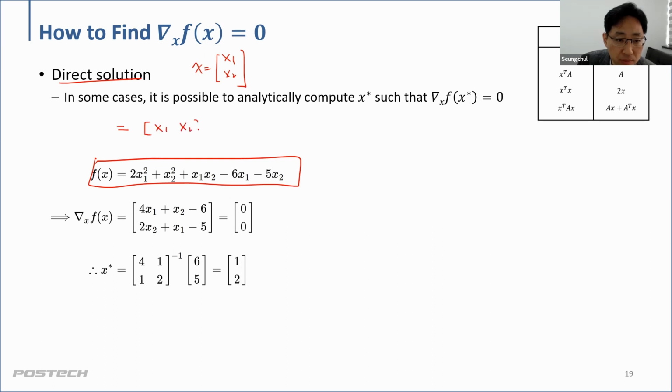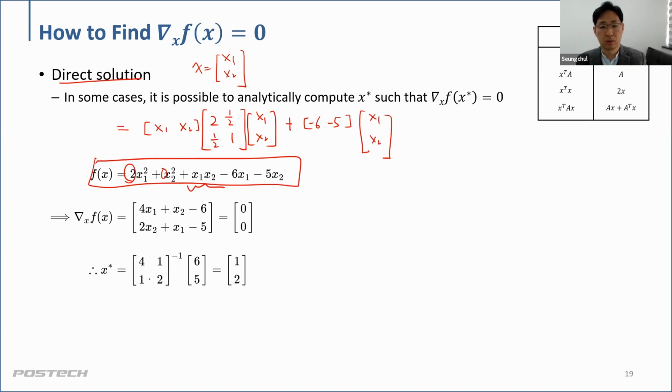What I want to do, and here we have, I will say 1.5 and minus or plus, and basically what I did, X transpose AX plus g transpose X. That's what I did.